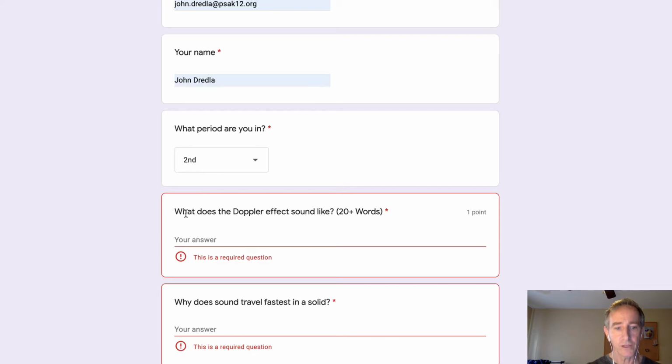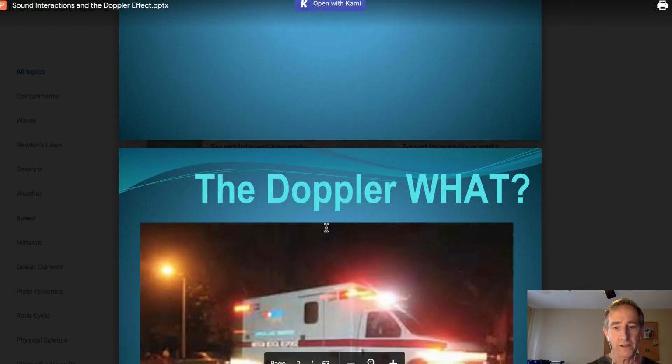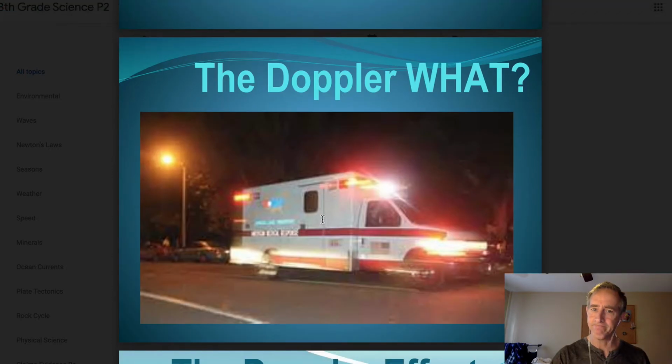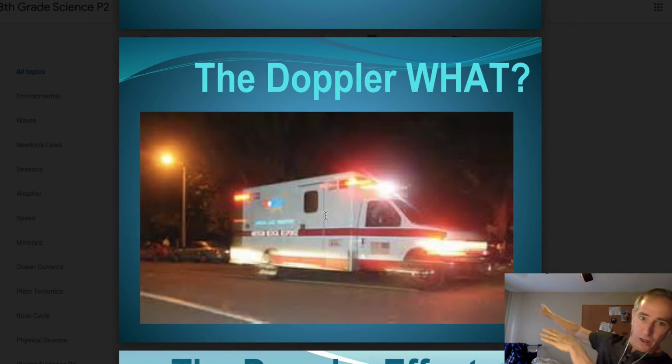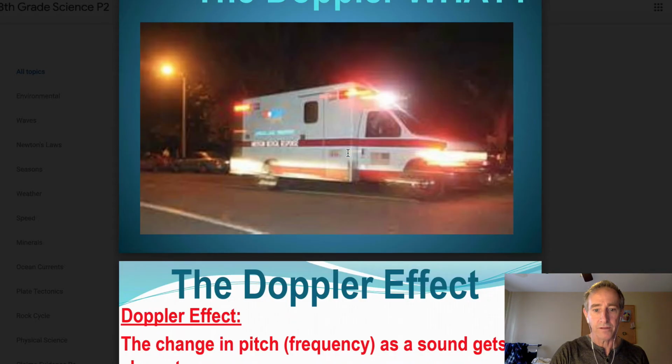Okay, first question, what does the Doppler effect sound like? I'm opening the document, the Doppler effect. So the Doppler effect is the way that sound waves sound when the object that's making the sound is coming towards us and then goes past us and goes away. So that's the Doppler effect.